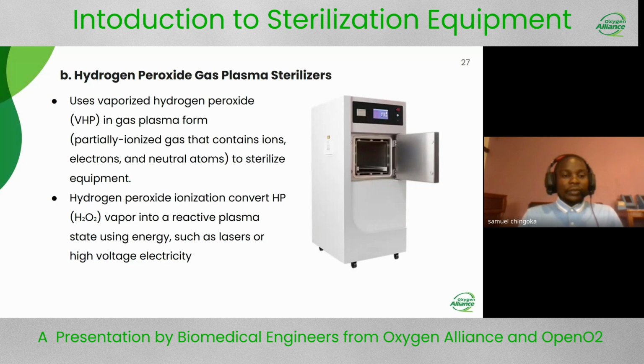A plasma state is a partially ionized gas that contains ions, electrons, or neutral atoms. Hydrogen peroxide ionization converts the hydrogen peroxide vapor into a reactive plasma state using energy such as lasers or high voltage electricity.